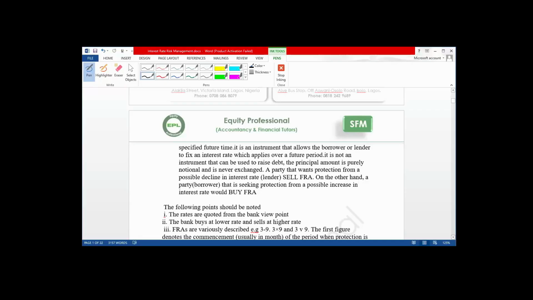Please note the following point. A potential borrower buys FRA. The potential borrower buys forward rate agreement. The potential lender sells forward rate agreement.